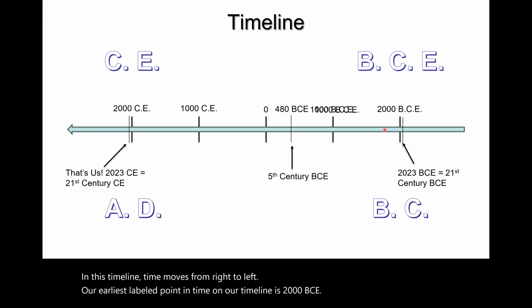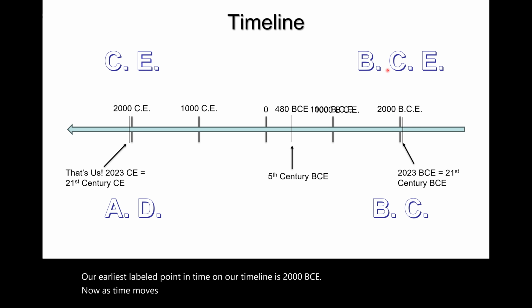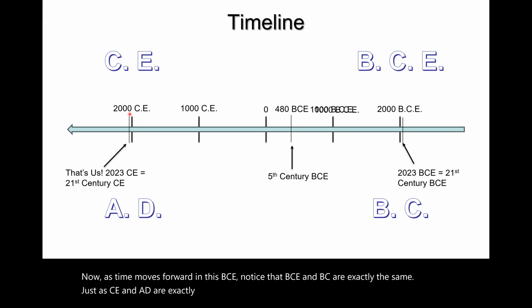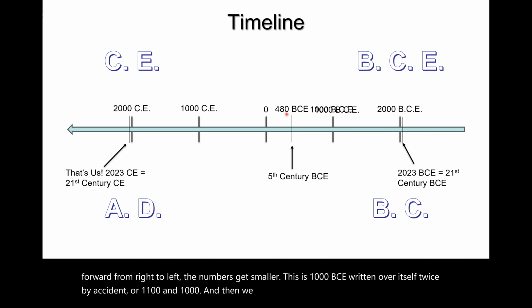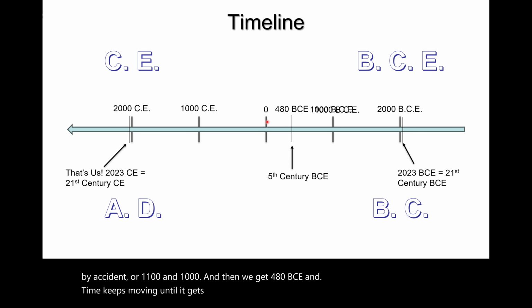Now, as time moves forward in this BCE, notice that BCE and BC are exactly the same, just as CE and AD are exactly the same as far as the numbers are concerned. So, as time moves forward from right to left, the numbers get smaller. This is 1000 BCE written over itself twice by accident, or 1100 and 1000. And then we get 480 BCE, and time keeps moving until it gets to the zero.